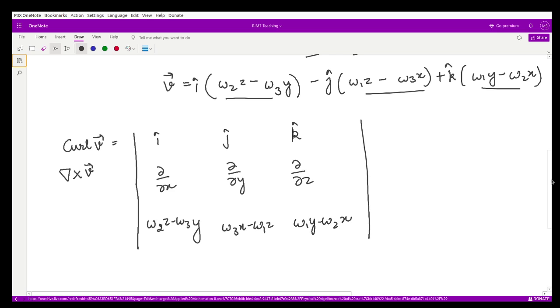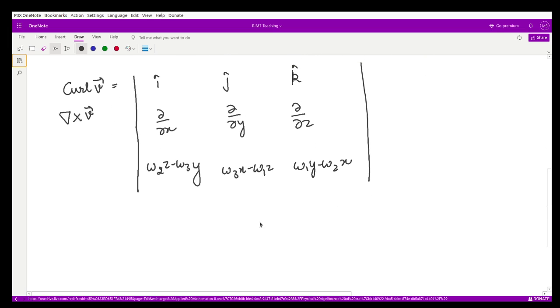When you solve this determinant, what do you obtain? With i cap, the partial derivative of the third component with respect to y is omega 1, minus the partial derivative of the second component with respect to z, which is minus omega 1.